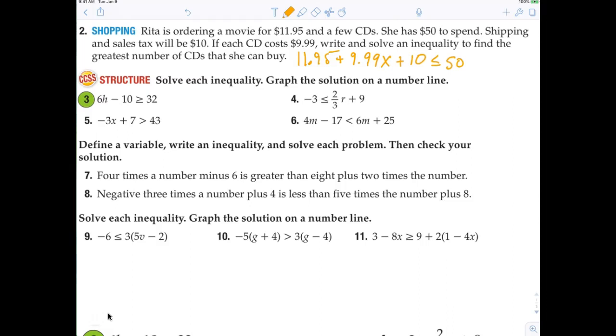How much money do you have in your pocket? $50. So if you go to check out and somebody says it's $75, you're going to go, I don't have the money. All I have is 50. So I have to be less than or equal to 50. Every single time, that's how I want you thinking about it.